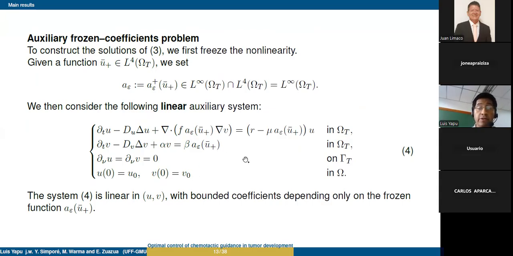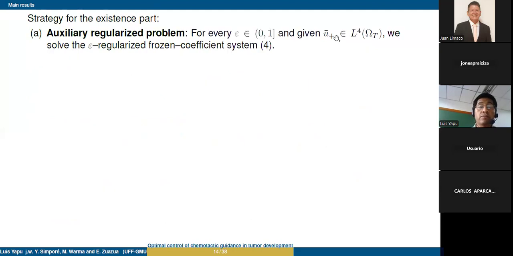The system 4 is linear with bounded coefficients. So, the auxiliary system, the regularized system.